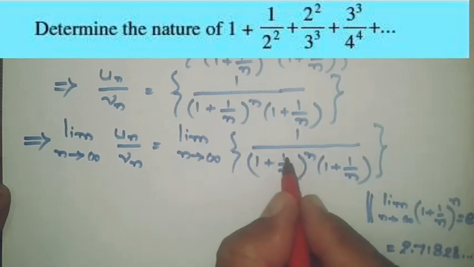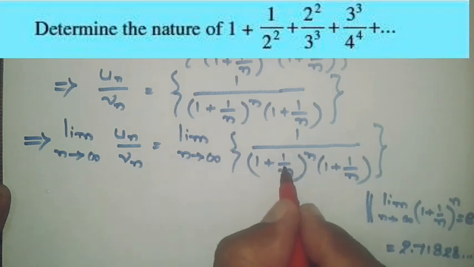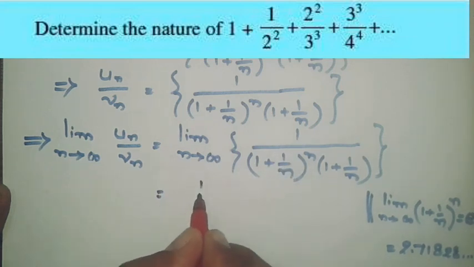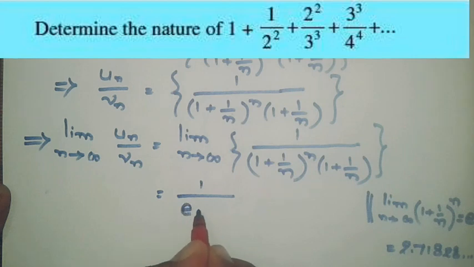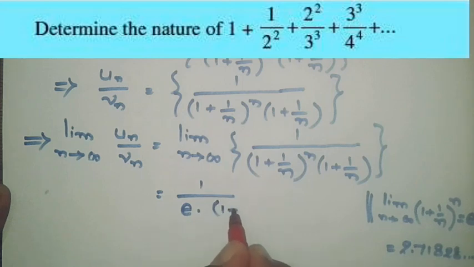This is one of the standard limits when we substitute n tending towards infinity. So that is going to give us 1 divided by e into, here it is very simple, 1 plus 1 by infinity is 1 plus 0, the second term.